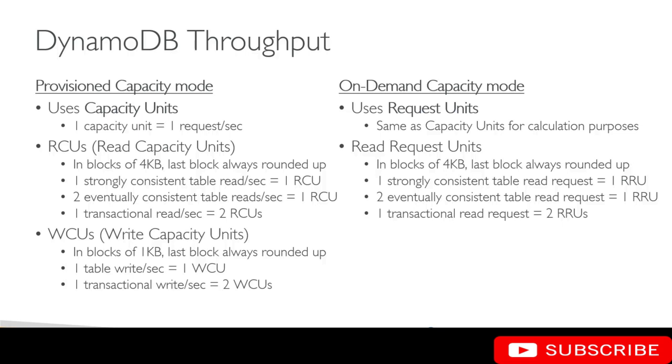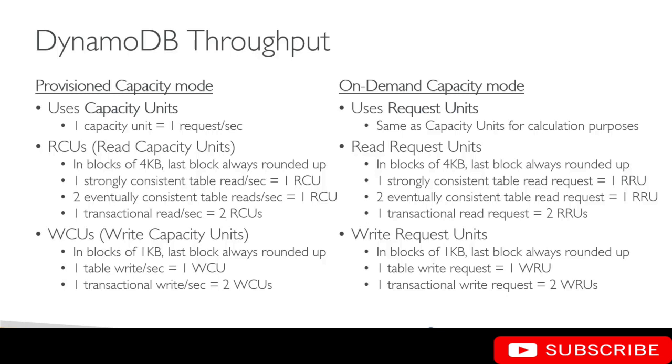One strongly consistent table read is 1 RRU. 2 eventually consistent reads are also 1 RRU, and 1 transactional read is 2 RRUs. Similarly, write request units are also calculated in blocks of 1 KB, just like WCUs, with the last block always rounded up. One table write consumes 1 WRU, while one transactional write request consumes 2 WRUs.